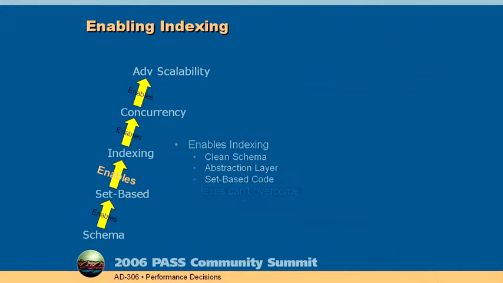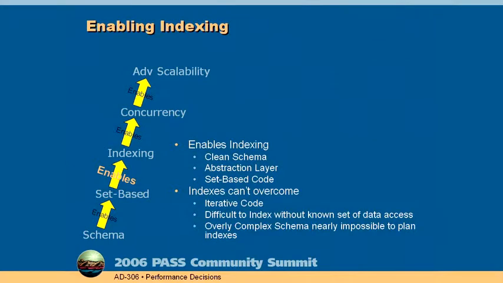So if your schema is clean and you've set yourself up for set-based queries, that will enable you to do good indexing. In fact, it's easy, it's a pleasure, it's a joy to index when you know what the set-based code is and if you have a nice clean schema. But indexes can't overcome cursors or iterative code.